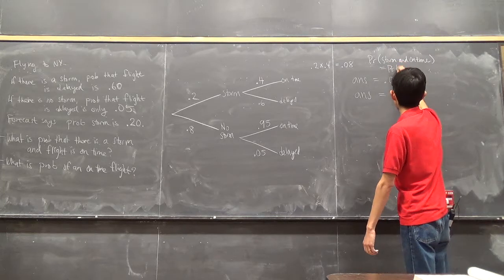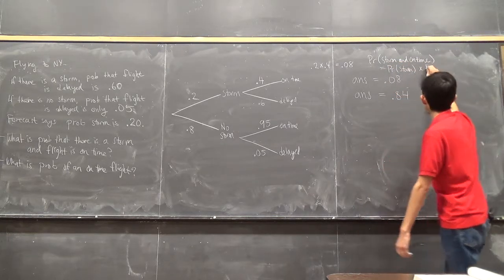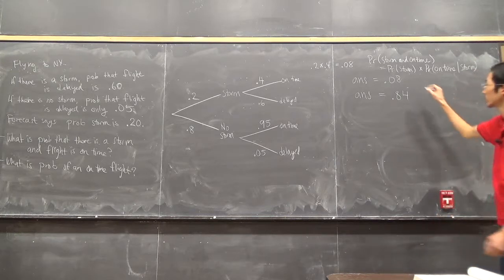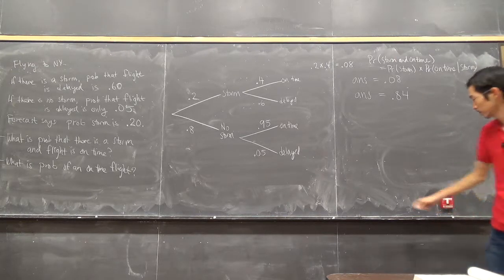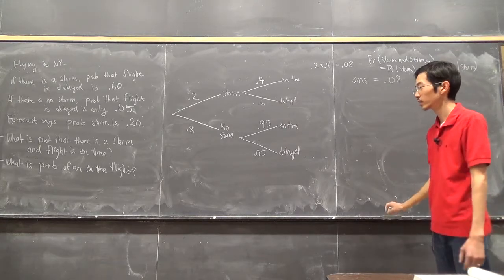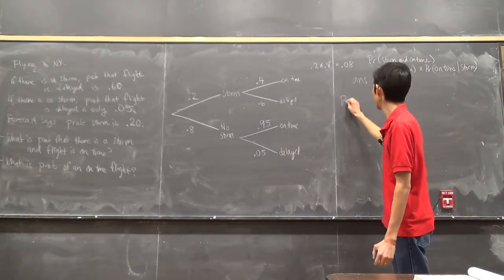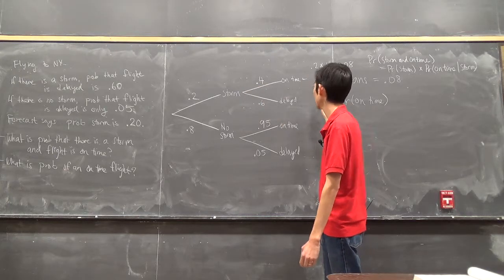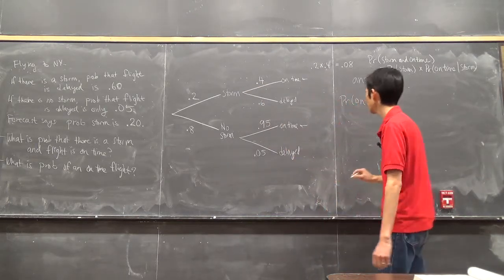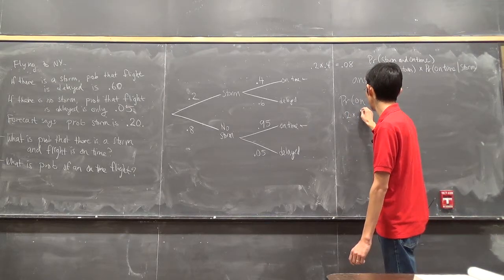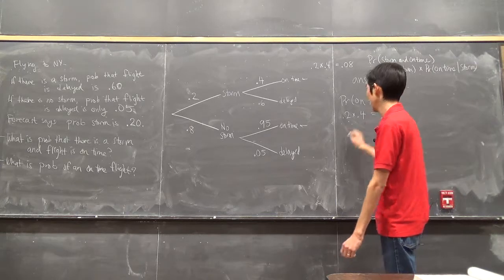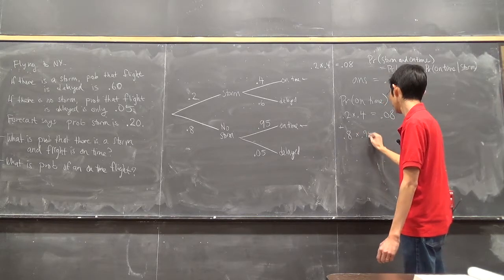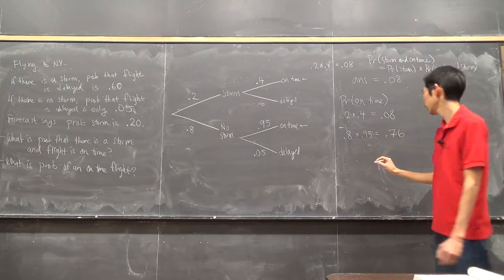And so the probability of storm and on time is equal to the probability of a storm times the probability of on time given storm. And we get 0.08. Okay. And then over here, what's the probability of an on-time flight? Well, that could happen if there's a storm, I can still be on time. Or if there's no storm, I can still also be on time. And so I would have 0.2 times 0.4, which we found above to be 0.08, plus the probability of no storm and being on time, which gives me 0.76.